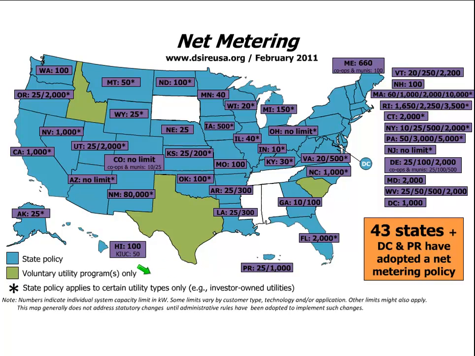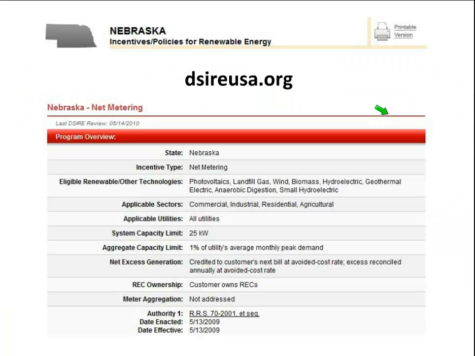You can see that in Colorado there is no limit. In Iowa it's 500. In Nebraska it's 25. In New Hampshire it's 100 kW. Connecticut it's 2,000. But then there's also, the star says there's some other state policies. So a lot of them have that net metering policy. Net metering is definitely a benefit for the producer, basically the wind turbine owner, because it allows you to get more of that at retail rate.